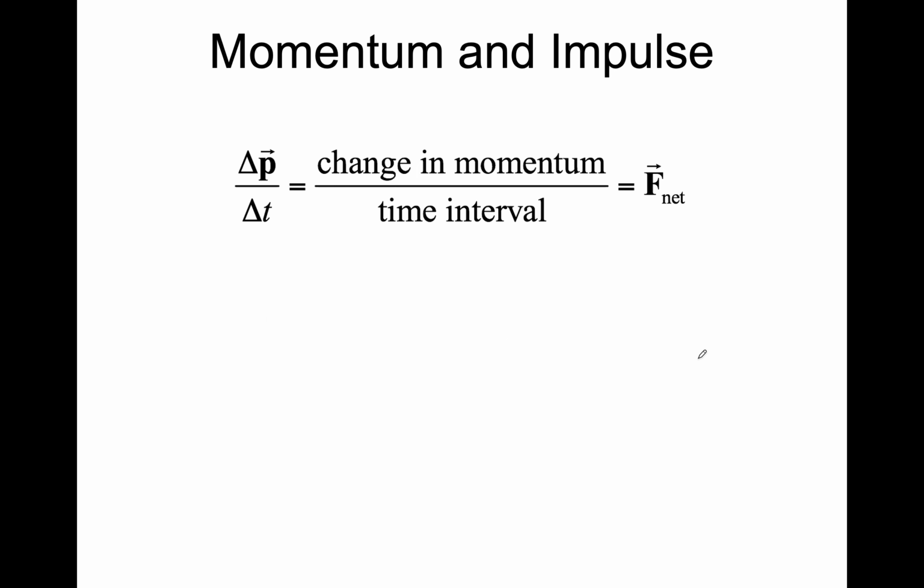Now we want to do something. We start with change of momentum divided by time giving us the net force. We can multiply by time on both sides, then we have force times time, and we define this quantity, force times time, as impulse.